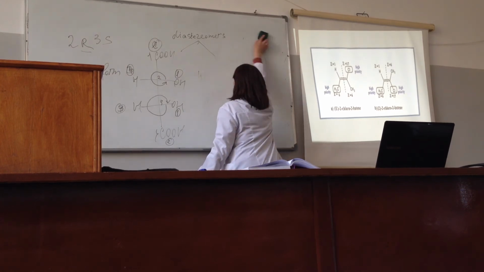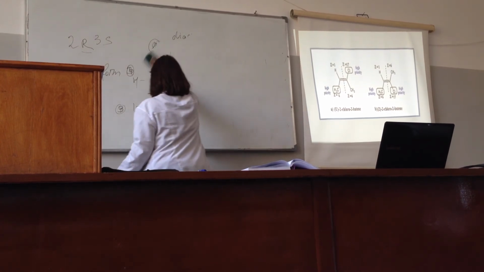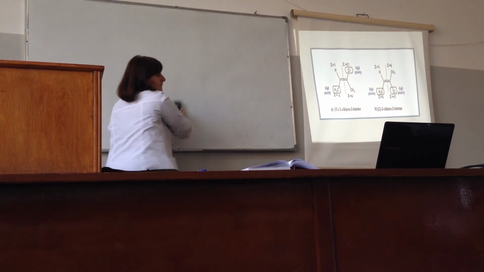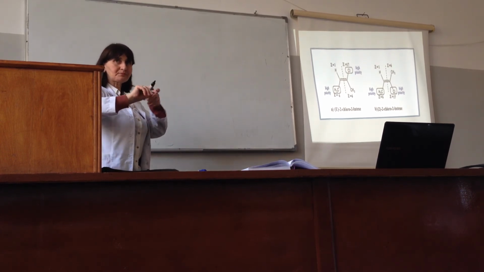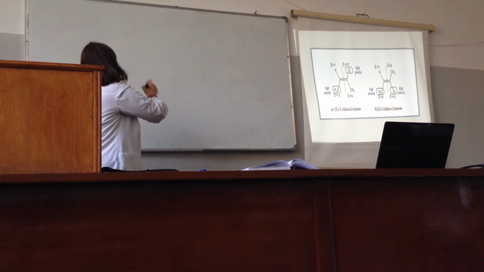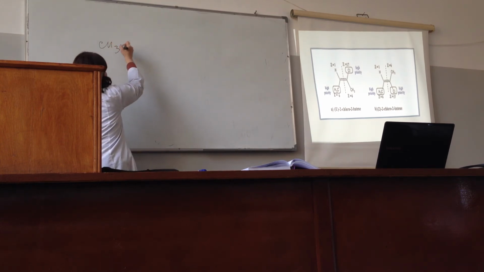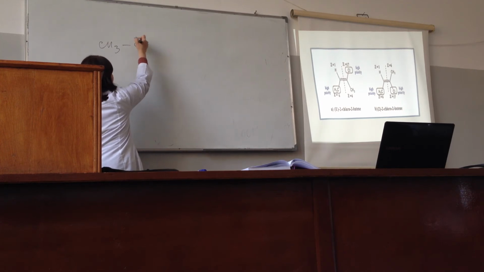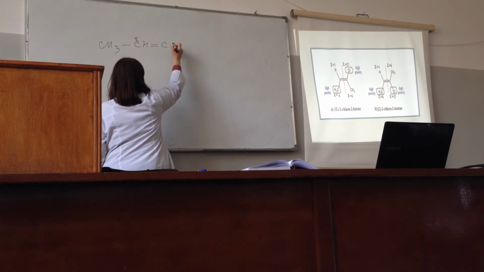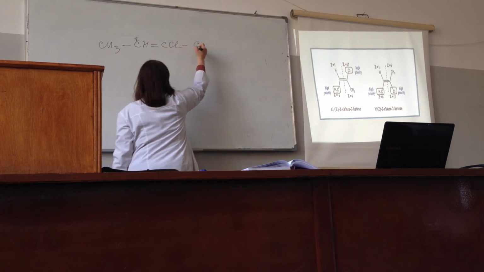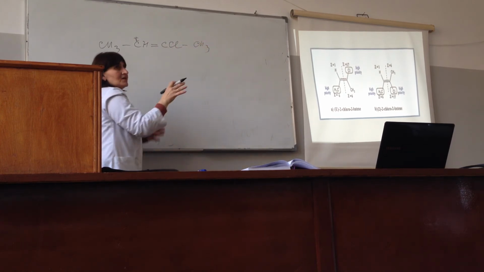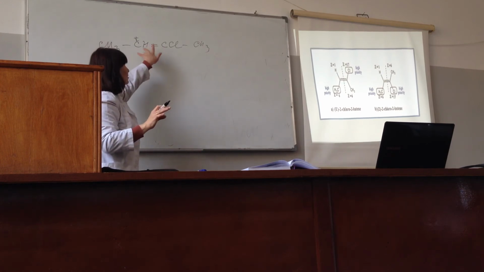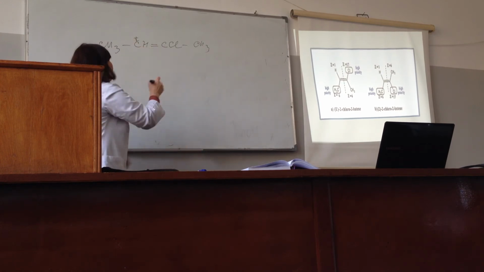Now, if you have this version, CH3, C, H, double bond, C, Cl, CH3, let's write separately all the substituents of the carbons in the double bond.